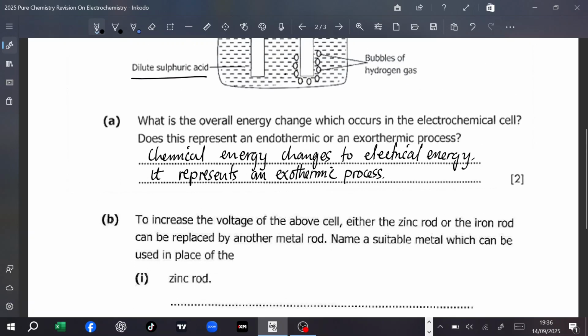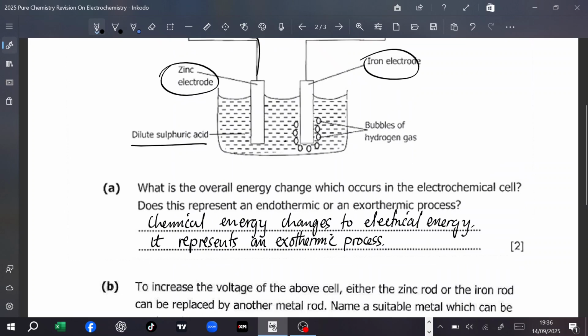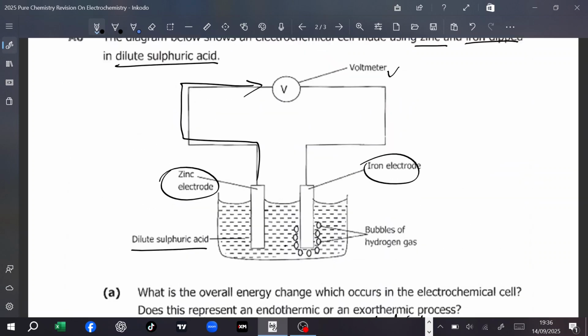Okay, so for electricity to be produced here, there must be two different metals of different electrochemical potential.